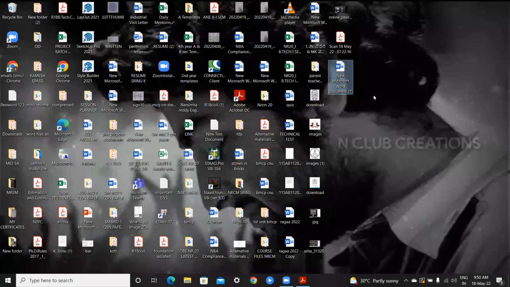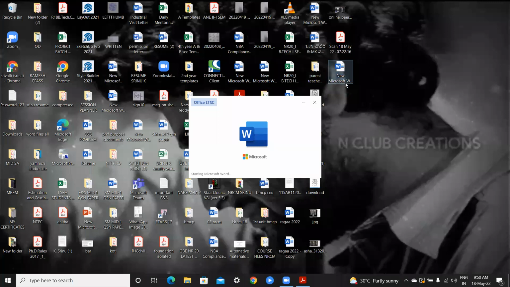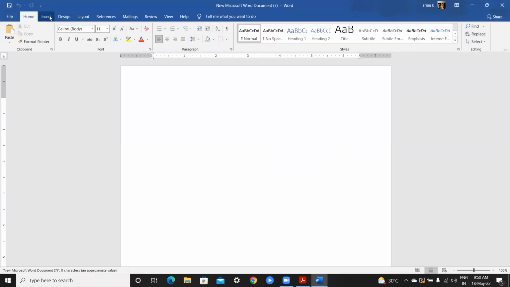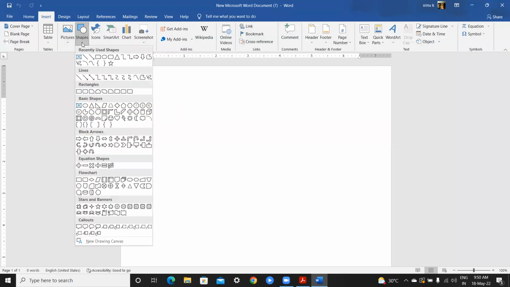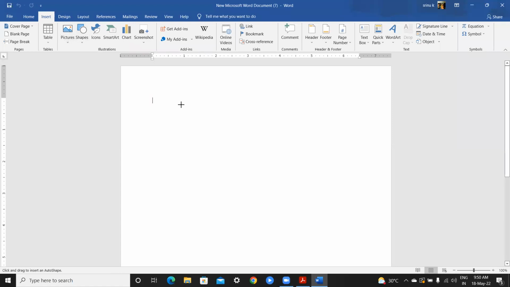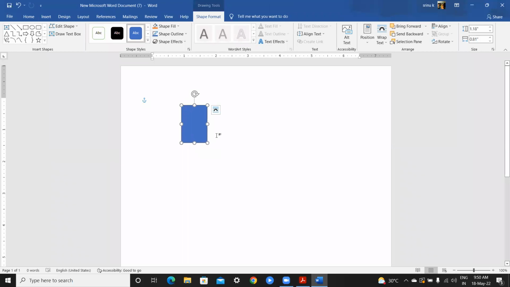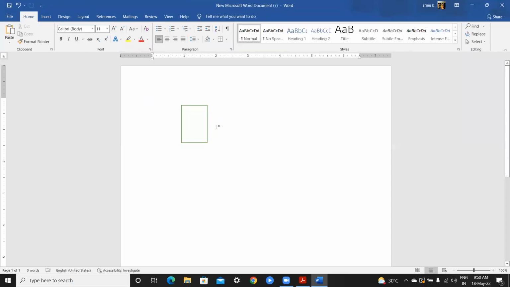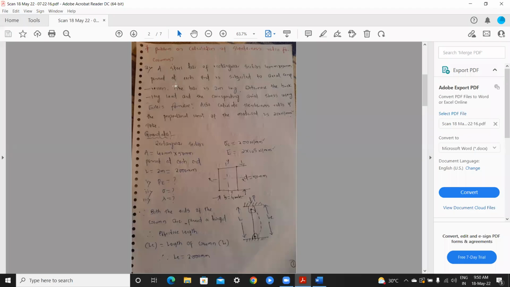I will write the given data here so you can understand. This is the cross section of the column. So what is our given data here? A steel bar of rectangular section 40 mm into 50 mm, pinned at each end.